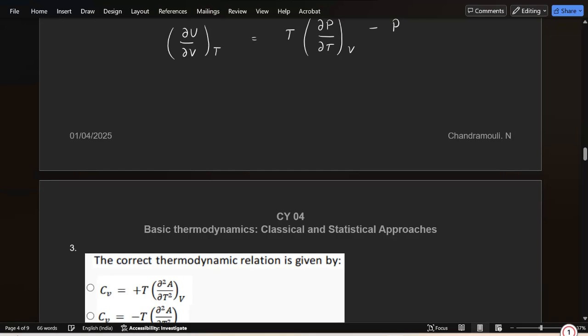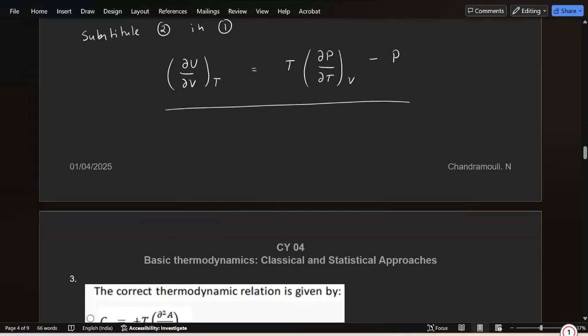Just notice this final equation. Internal energy is not something that is easily measurable. You see, del U is there. But in experiments, you can maintain the temperature, change the volume, and see the change in internal energy.